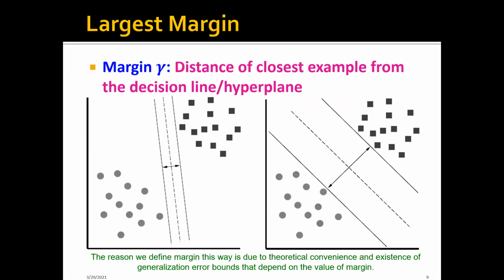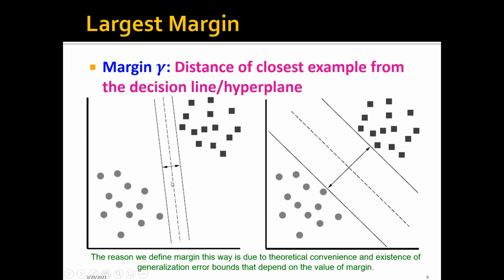The margin is defined based on the distance between points and the decision boundary. Basically, the margin gamma is defined as the distance of the closest example from the decision boundary. For example, say we have a lot of training data points here, and this one is the decision boundary.